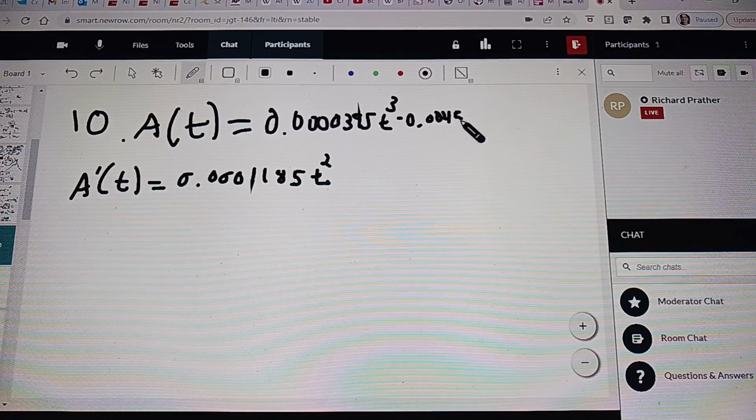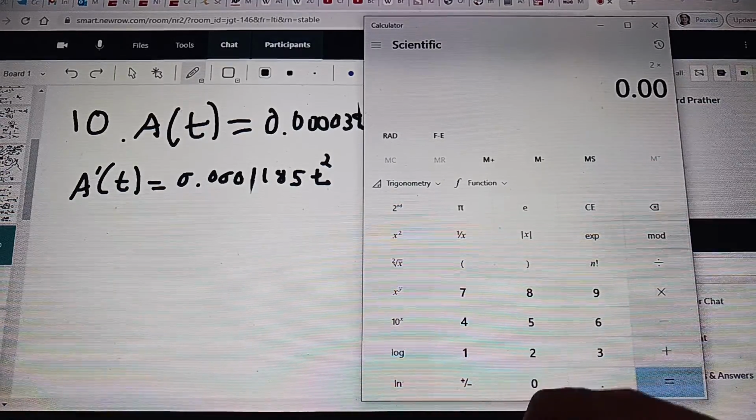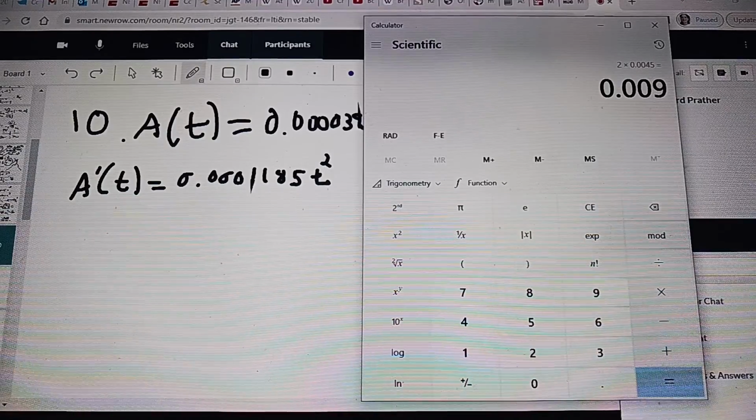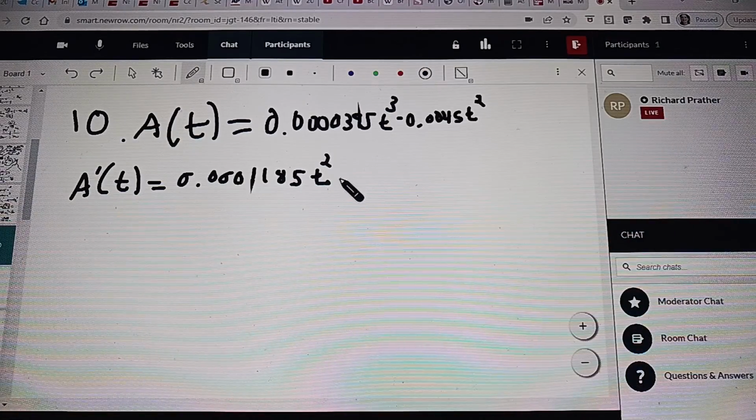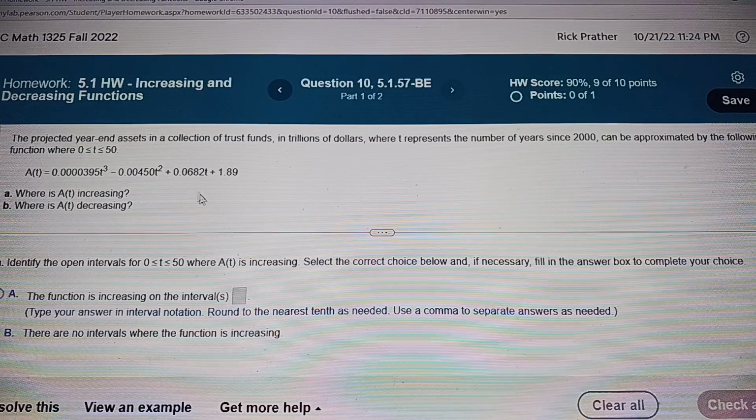Now they put another 0 after the 5, but zeros at the end of decimals don't matter, so I could ignore that. So now do 2 times 0.045. That gives you 0.009 negative for the t. And then the linear part, the derivative of that's easy, is just the decimal.